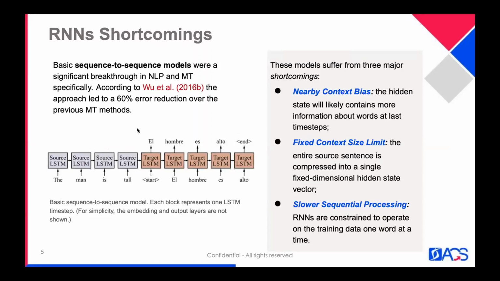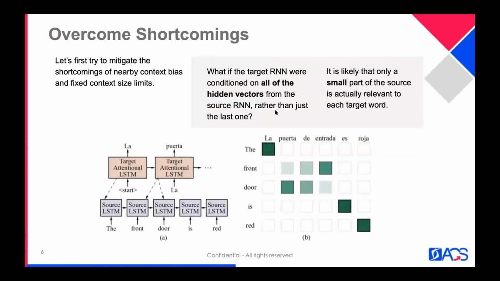Another good observation is that for producing a single word here, maybe we need only some of the hidden states of the source sentence, not all of them. These are the two main ideas of the attention mechanism.